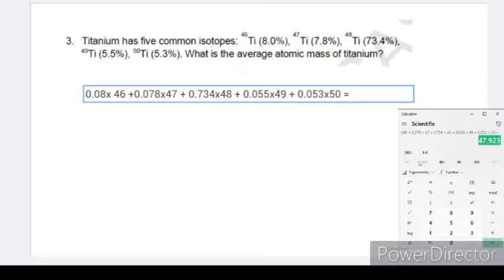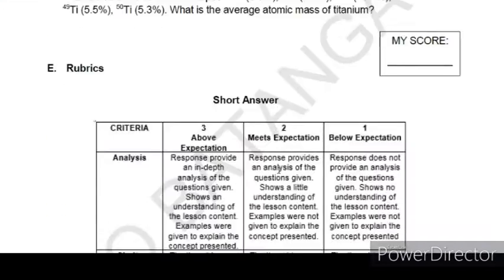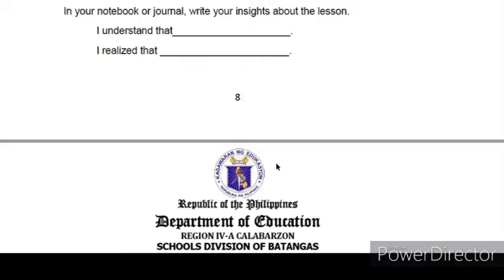This gives you now the average atomic mass of titanium, which you can also see in the periodic table of elements. So that ends the activities here in LAS number 5.